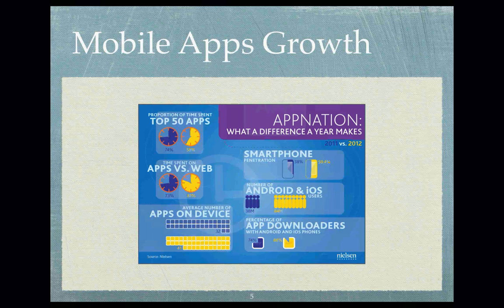If you take a look at this chart that I have here, Nielsen has put together, based on their surveys, some data showing the amount of time spent on the top 50 apps. Back last year, 74% of the time was spent on developing mobile apps. Now it's been cut down to 58.